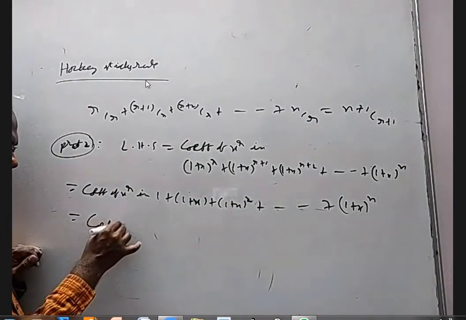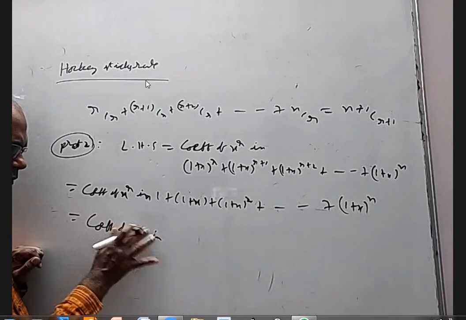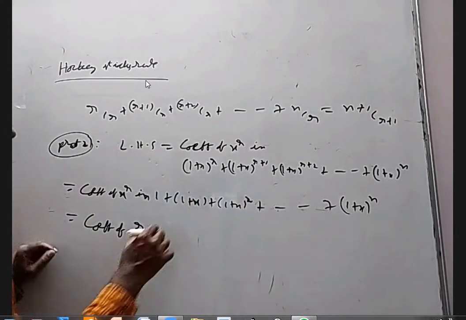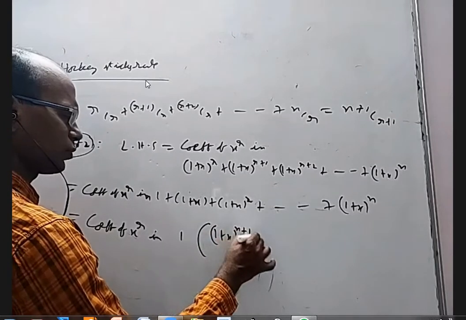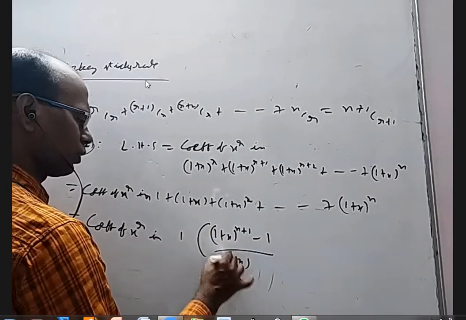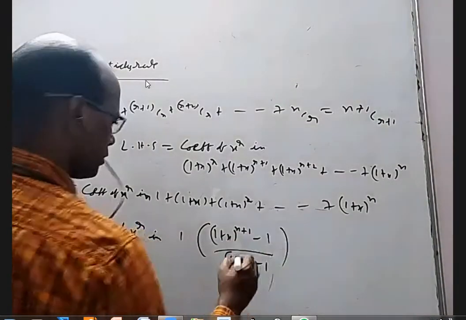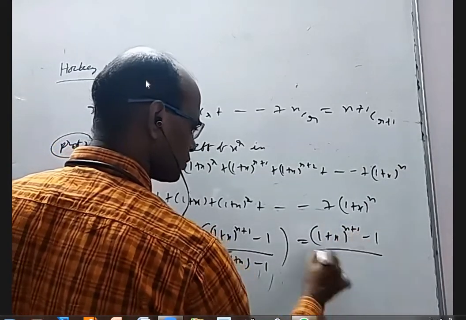So now the coefficient of x power r in this, which is a geometric progression with total n plus 1 terms, 1 into (1 plus x) whole power n plus 1 minus 1 by (1 plus x) minus 1. This is equal to (1 plus x) whole power n plus 1 minus 1 by x.